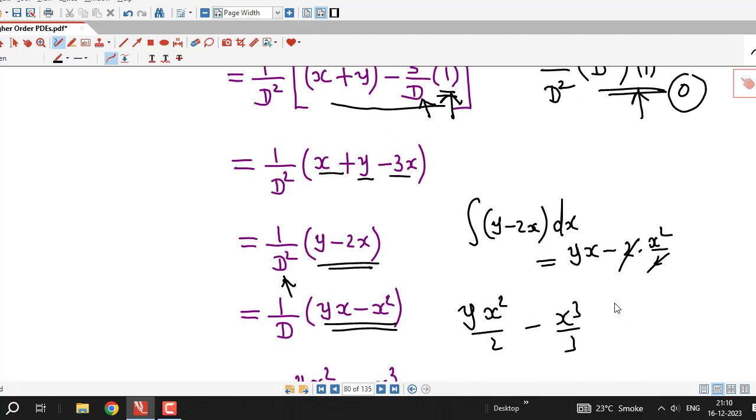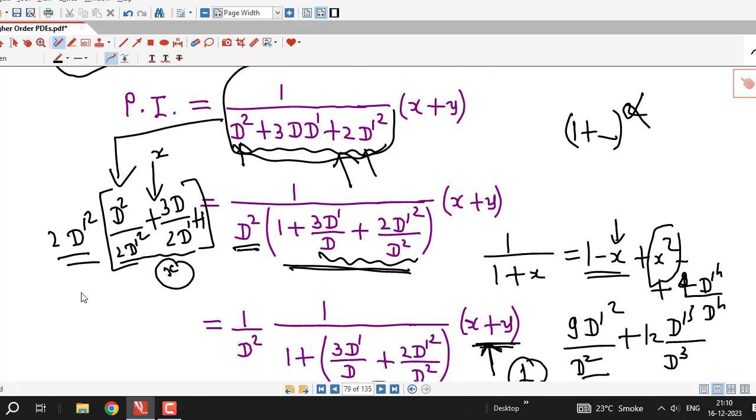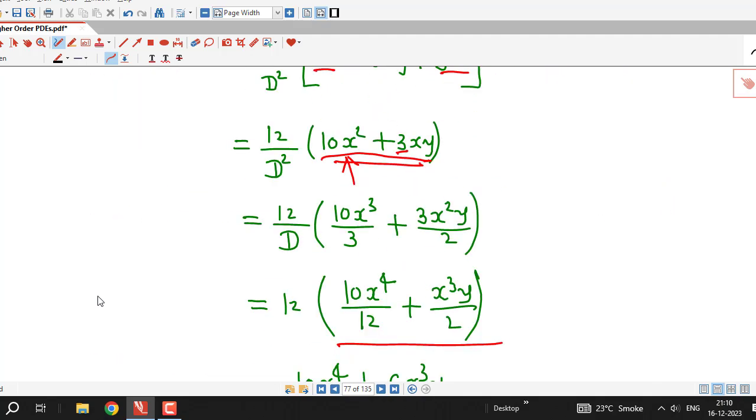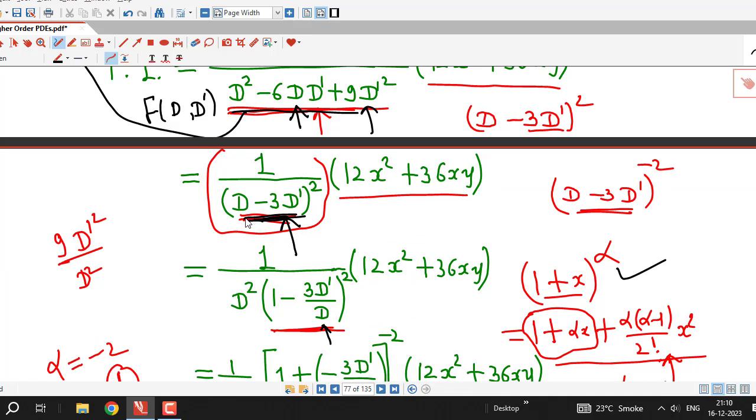Either you consider D square common or 2D dash square common, so that is the main thing here. And in the previous problem, it was possible to write f(D, D dash) as a square of D minus 3D dash. So there things become easy, and here also we have taken D square common.